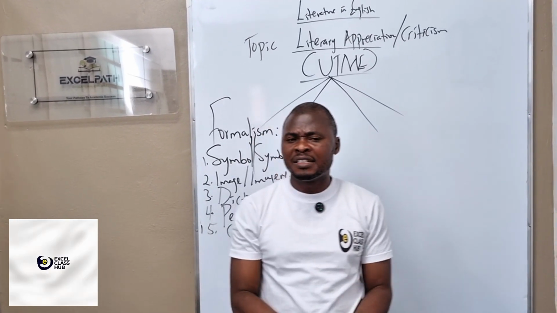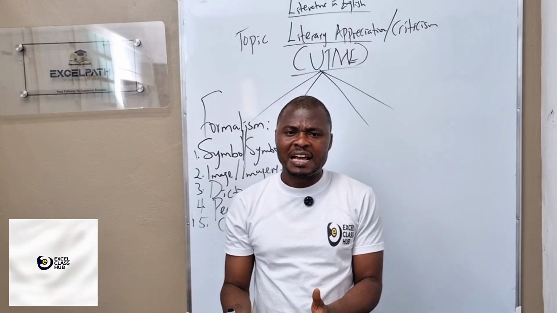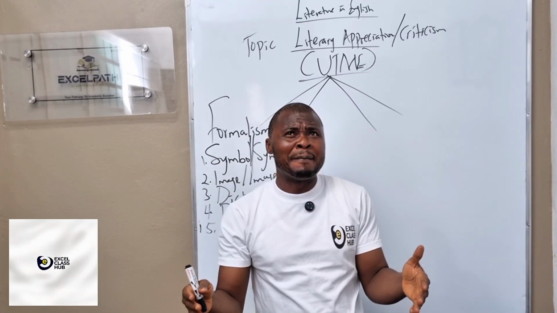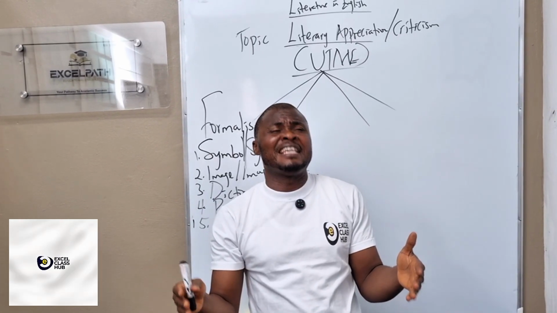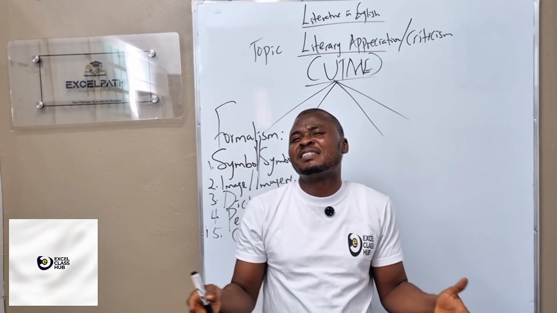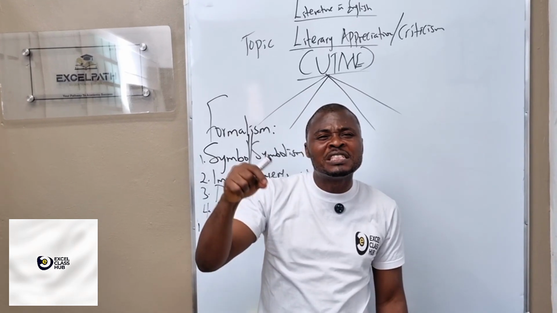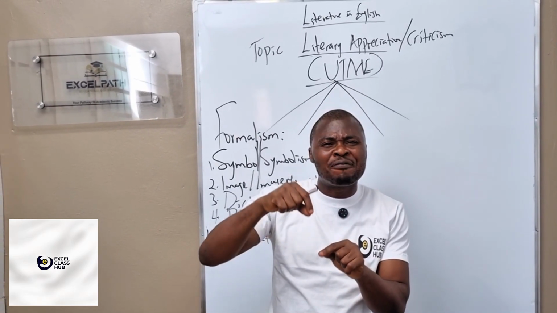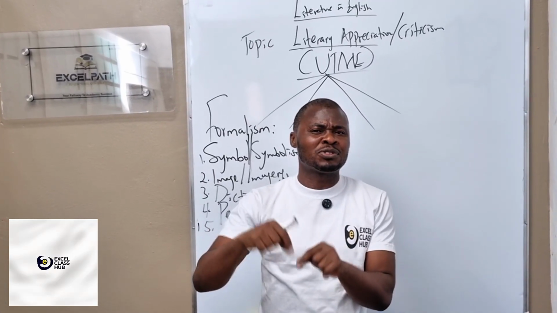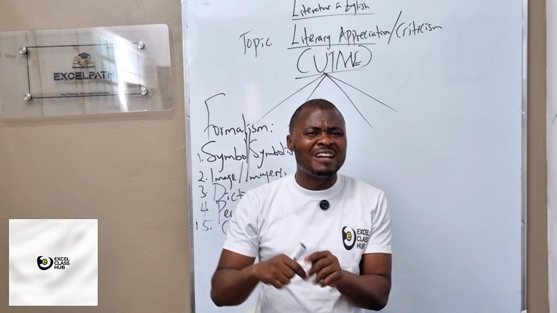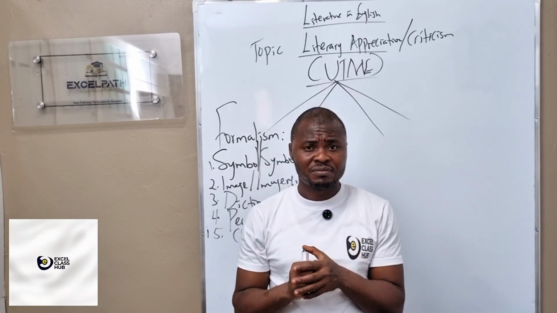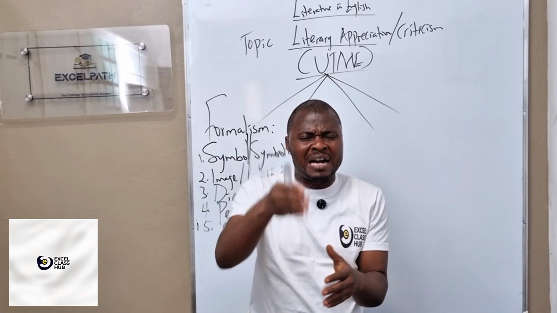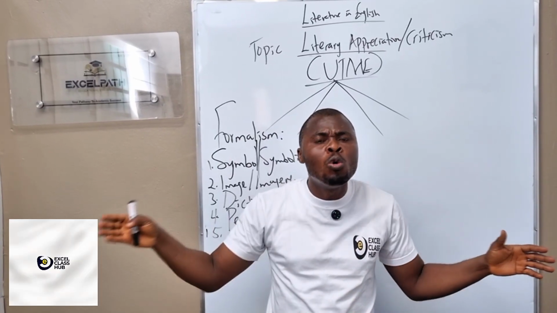You will not say, oh, I have read chapter 1, and the writer uses a hen, and you say, oh, that's a symbol. Please, if that hen you see in chapter 1 does not have any role that affects chapter 2 or chapter 3 or chapter 4 or chapter 5, please, that's not a symbol. It must have a long running impact on the whole of the text.